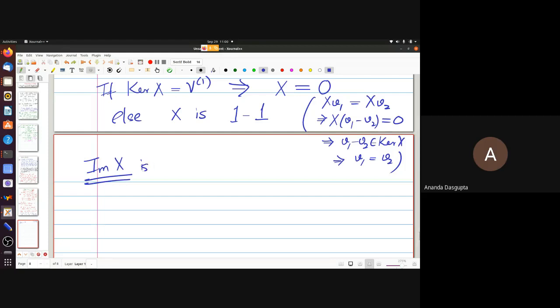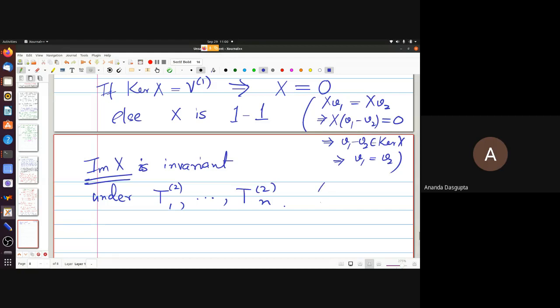What we can say is the image of X is invariant under, it's wrong to say it's also invariant simply because it's under a different set of operators. That's a statement I'm making.